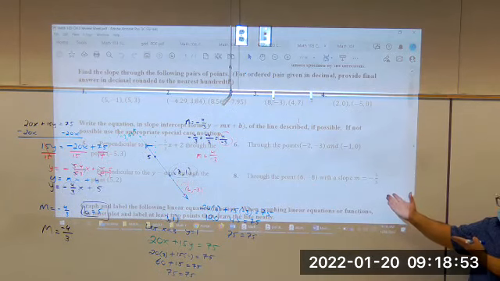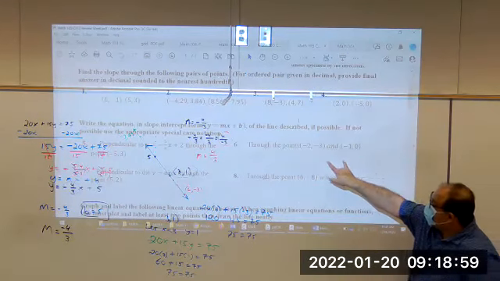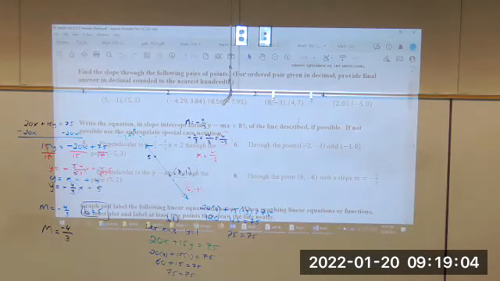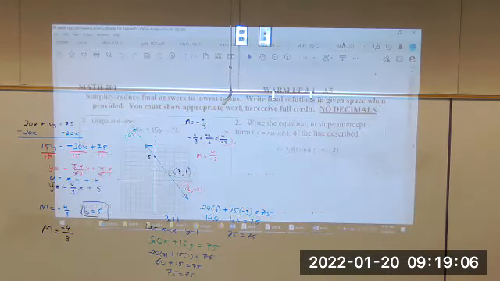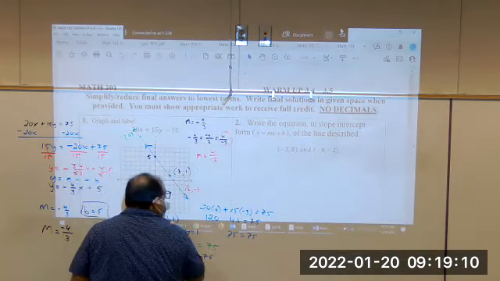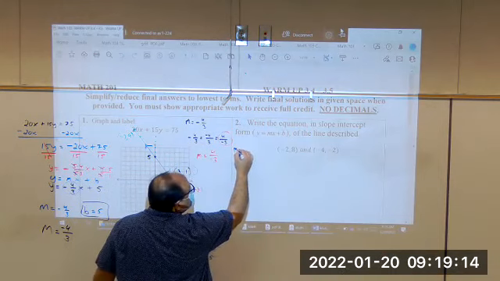Voila, there it is. Slope equals, given to you. But number 6, through the points, just like this one that we're doing. Since we have 2 points and no slope, we have to figure the slope out for ourselves.